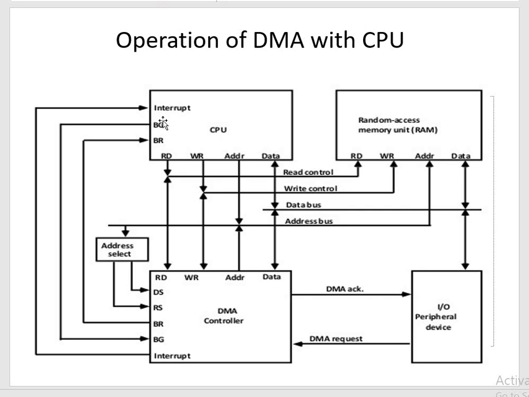Meanwhile, it is the responsibility of the programmer, or of the CPU, to initialize the addresses of the source and destination, how much data has to be transferred, and the size of the data word transferred from source to destination.